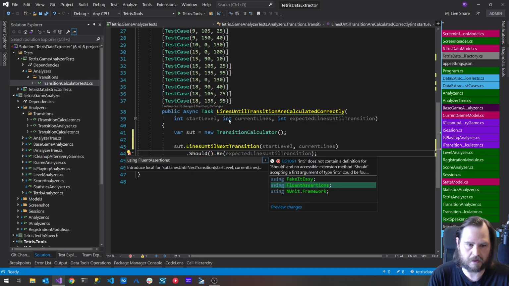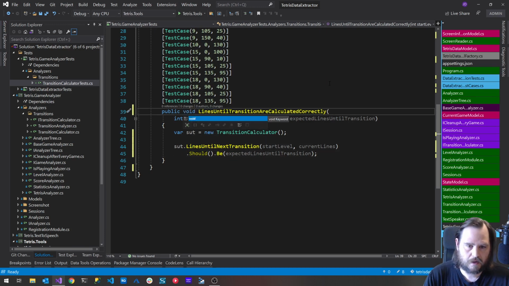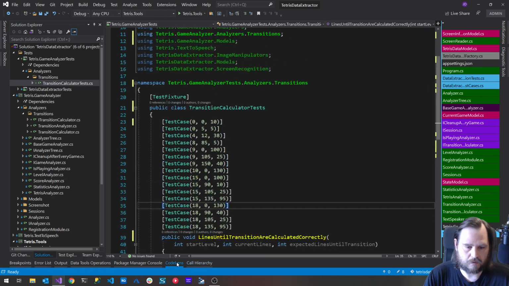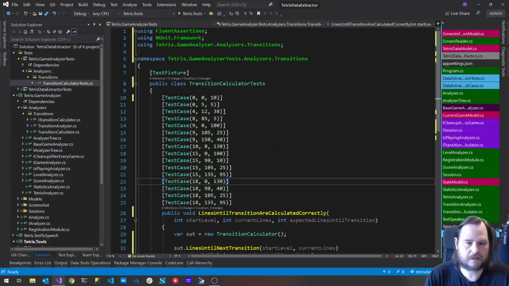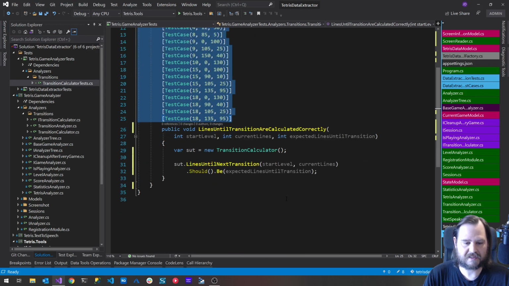Boom, we're done. That's really it. This can be a void method now. And we can clean up our using statements. So that's it. Okay, provided all these test cases are actually true, this is our test.